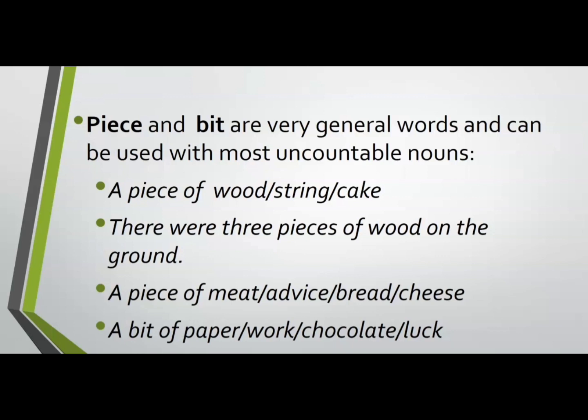A piece of advice, two pieces of advice. Bread is uncountable, so one piece of bread, two pieces of bread, several pieces of bread. A piece of cheese, so give me a piece of cheese, for example. A bit of paper, a bit of work, a bit of chocolate, a bit of luck. And I'm sure you remember, students still write applications in school if they have some urgent piece of work.